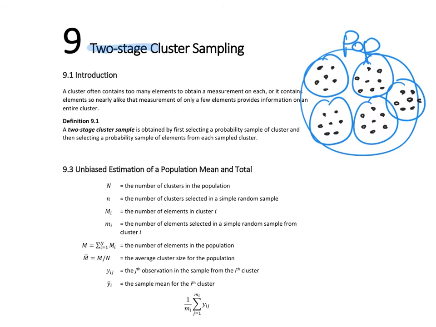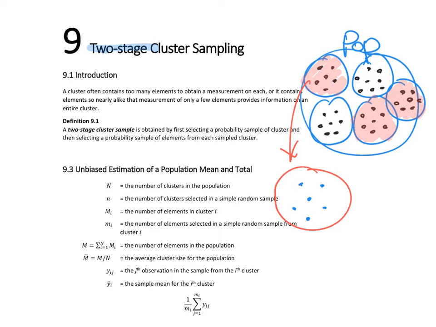So first we can select some clusters. It's maybe this one and this one and also this one. Before, in the cluster sampling, we ask them all, but now in the second stage, so it's the first stage, we select, and we had 1, 2, 3, 4, 5, 6 elements.